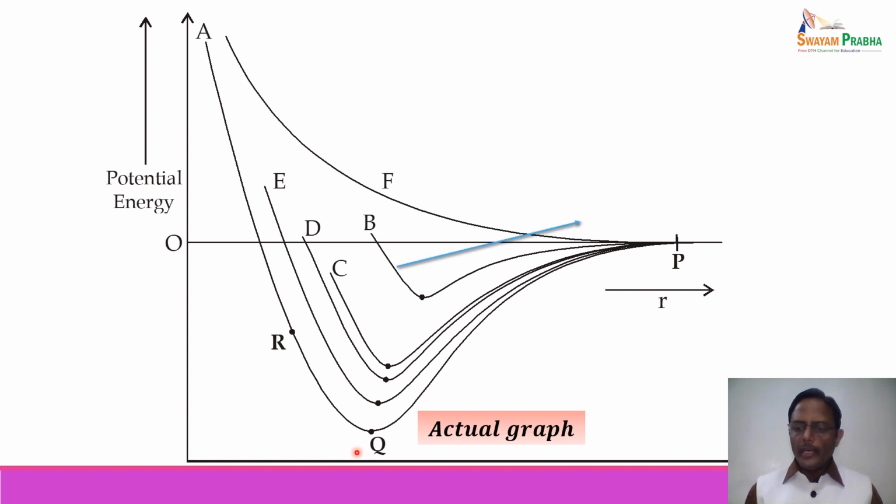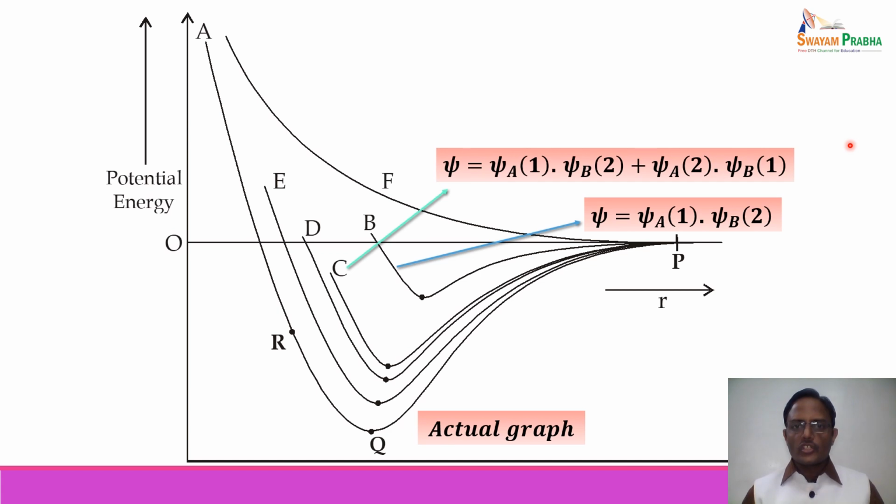Now this B curve is obtained when we use the value of psi as psi A1 into psi B2, where two electrons are present with their own nuclei. When we apply the exchange phenomenon, the curve C is obtained. When we apply the screening effect condition, then curve D is obtained.